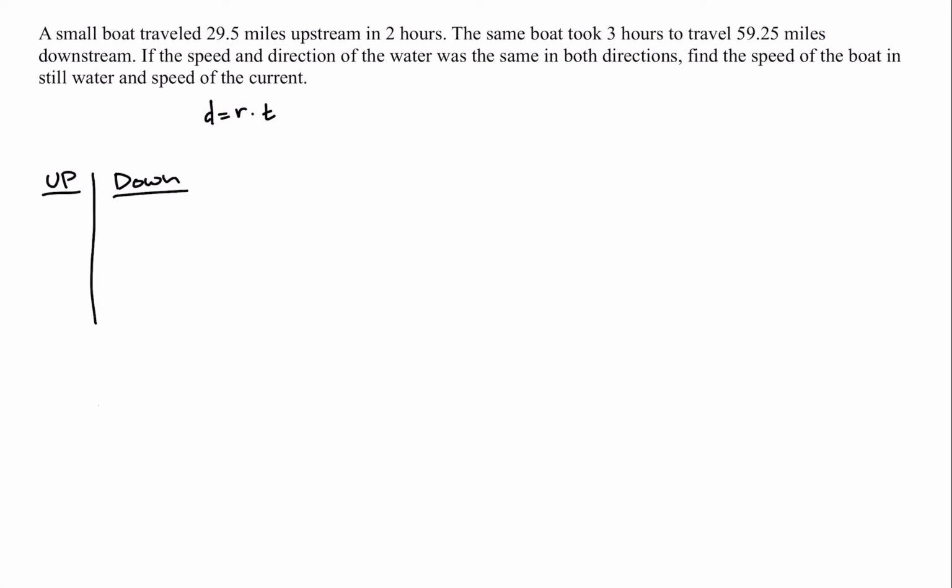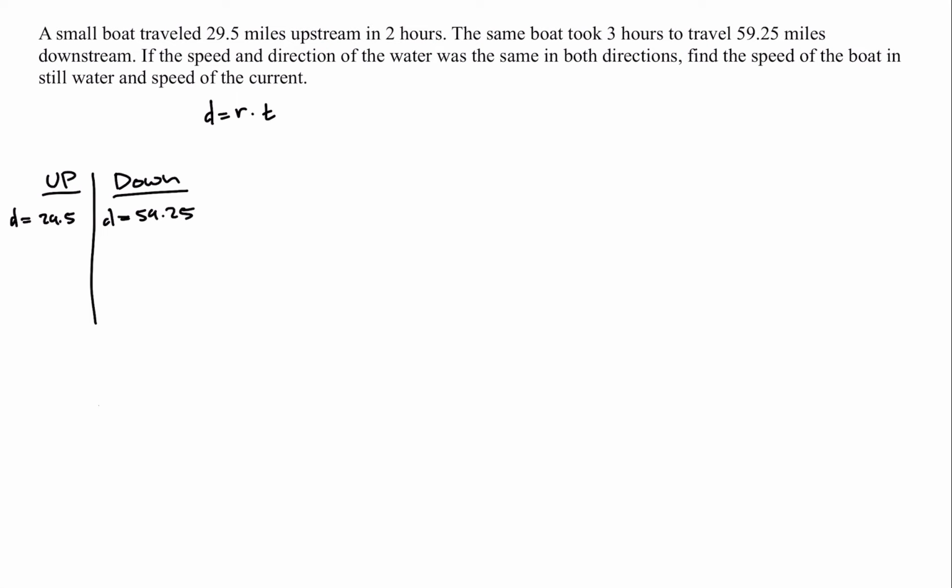Going upstream, I'm traveling a distance of 29.5 miles. So my distance is 29.5. Then when I go downstream, I'm traveling 59.25 miles, so my distance equals 59.25.